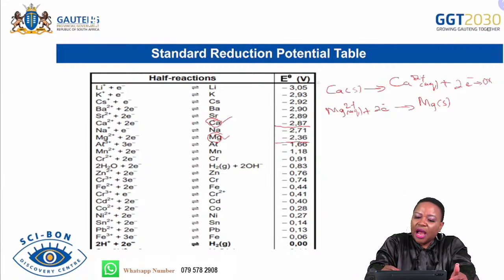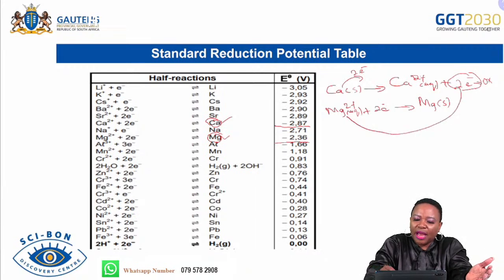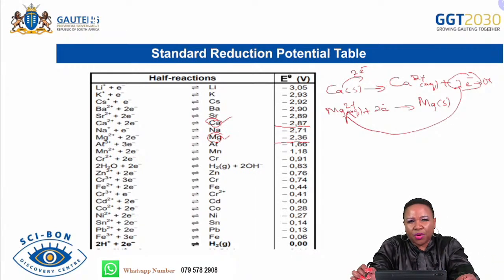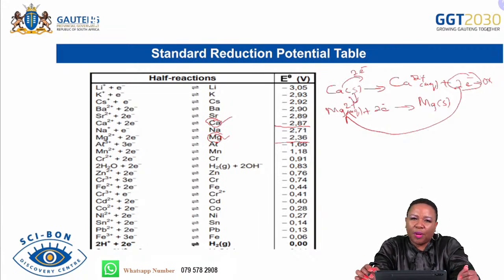We are just saying calcium as a metal will lose electrons because it's in group number 2 and can lose 2 electrons. And these electrons that it will lose will definitely not go nowhere. They will be accepted by the magnesium ion, which is going to be our oxidizing agent. Therefore, calcium is losing electrons, and who's gaining those electrons is the magnesium 2 plus ion.